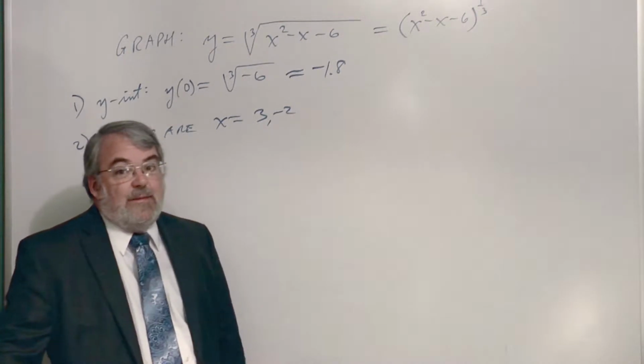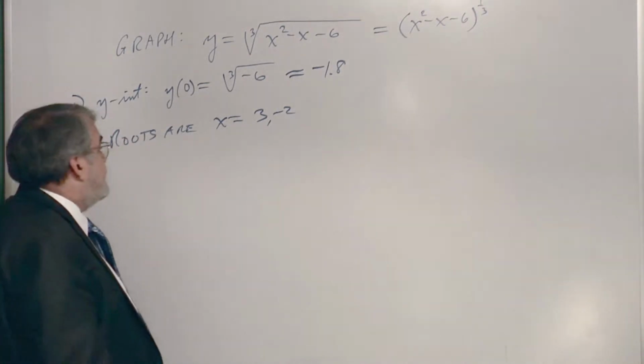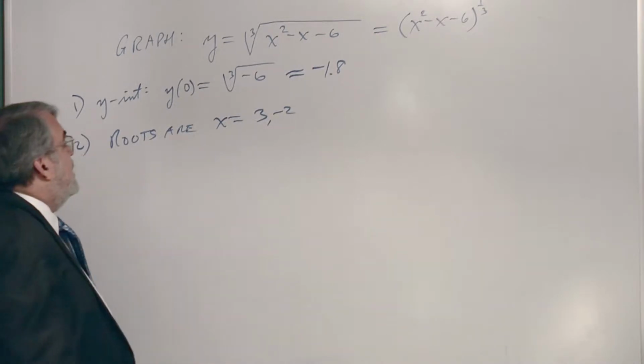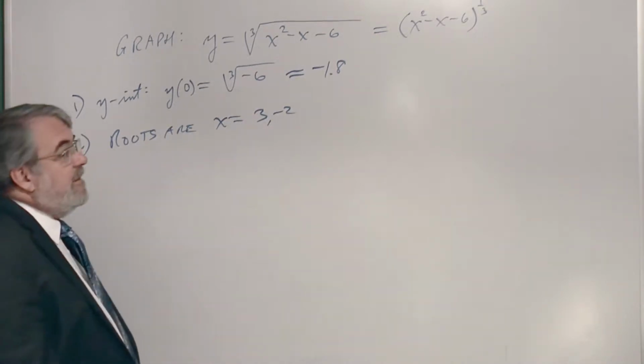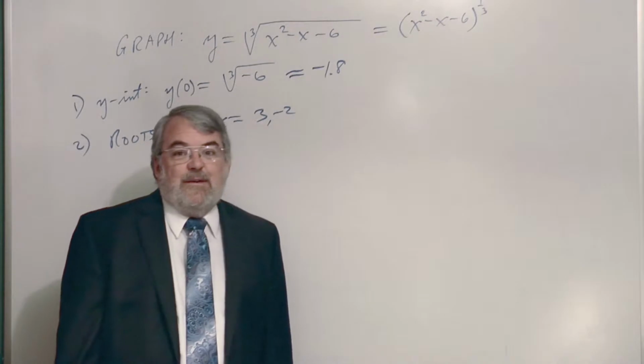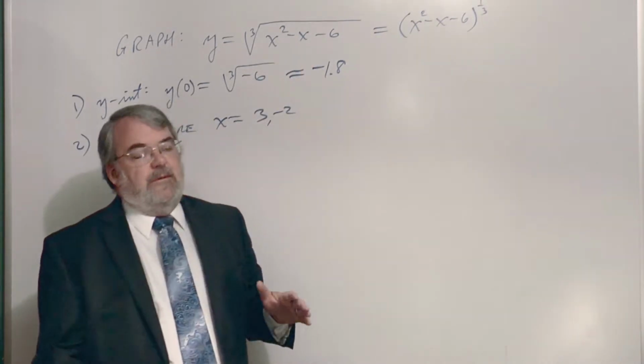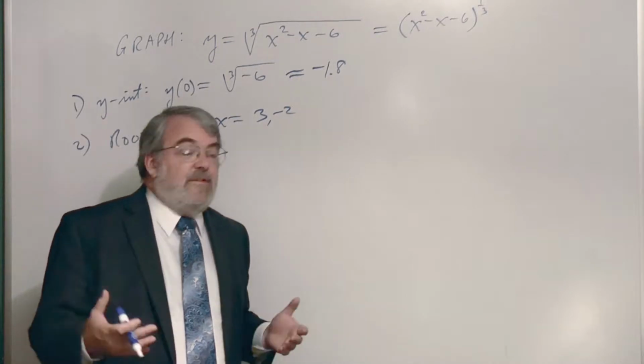We're graphing in the xy plane. But cube roots exist everywhere, and so there's no division by 0 or anything else that's going to cause a vertical asymptote.